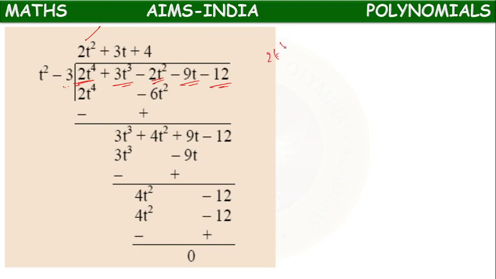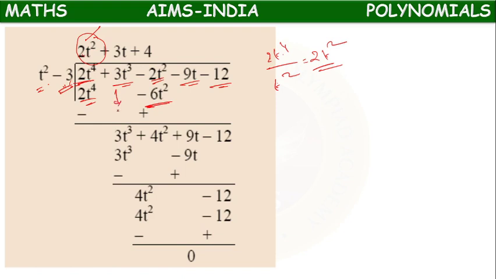So 2t to the power 4 by t square, first term by first term. 2 will be the same, from t to the power 4, t square is cancelled, t square will remain. So 2t square into t square, 2t power 4. 2t square into 3, minus 6t square. We will write it under t square.